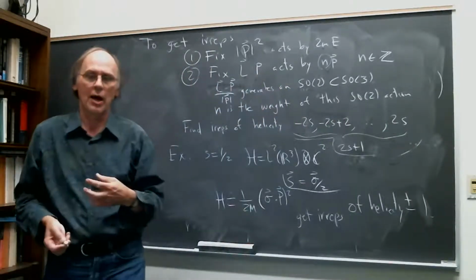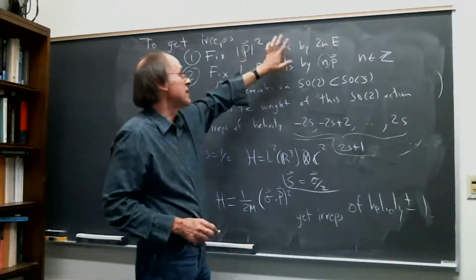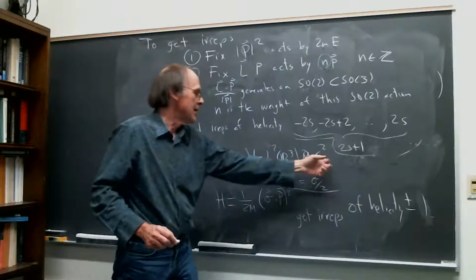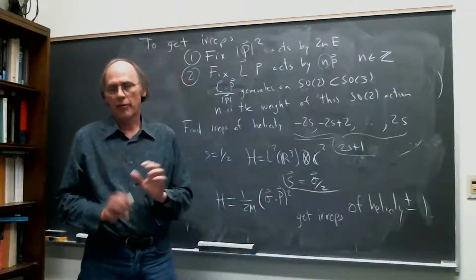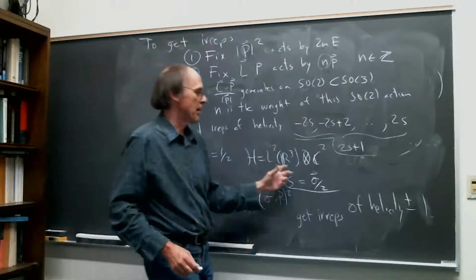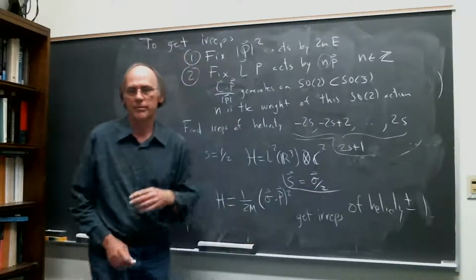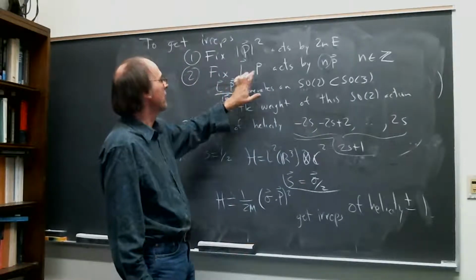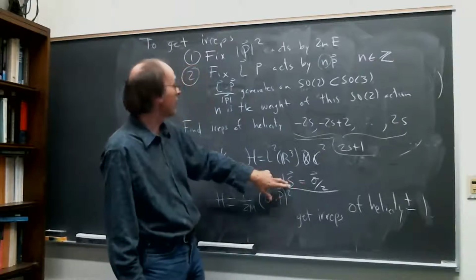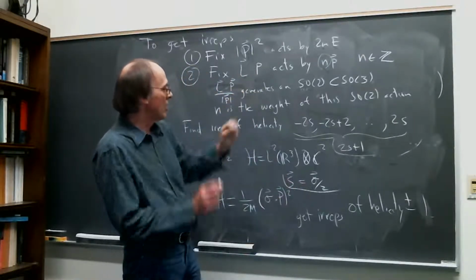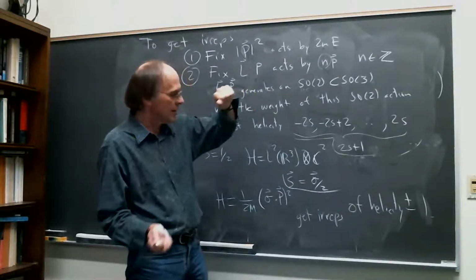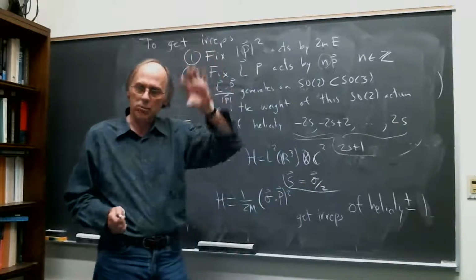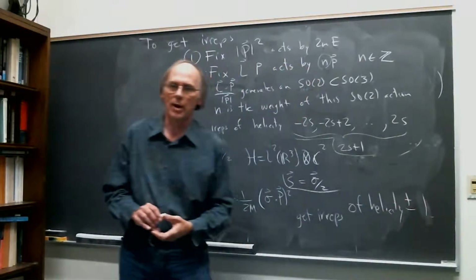So if somebody asks you how am I going to create an irreducible representation of the Euclidean group in 3 dimensions with helicity 1/2, let's say, well, you would say, take the theory of a free spin 1/2 particle on R3, and then pick the part of it where S vector dot P vector, find that's going to have eigenvalues plus or minus the size of P, and then just take the plus if you want, this is a plus half, or take the minus if you have this minus half.